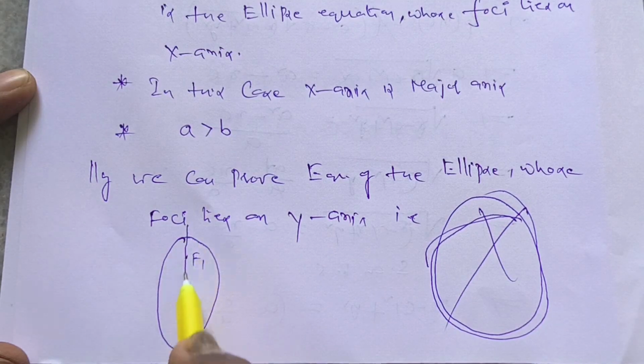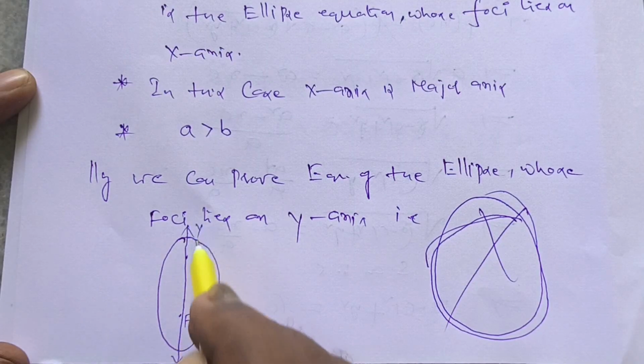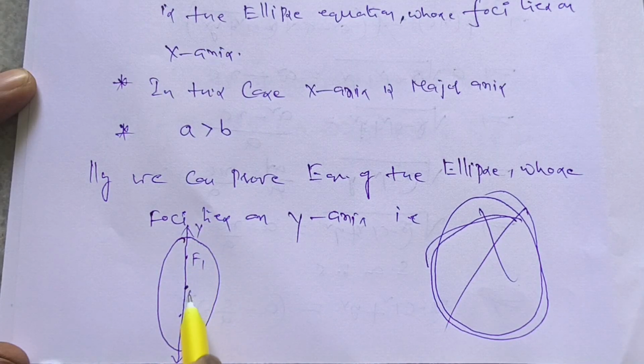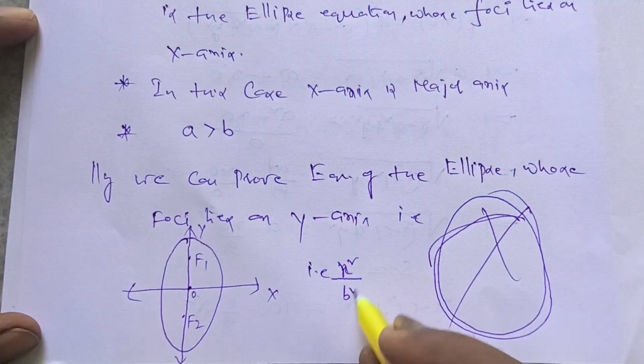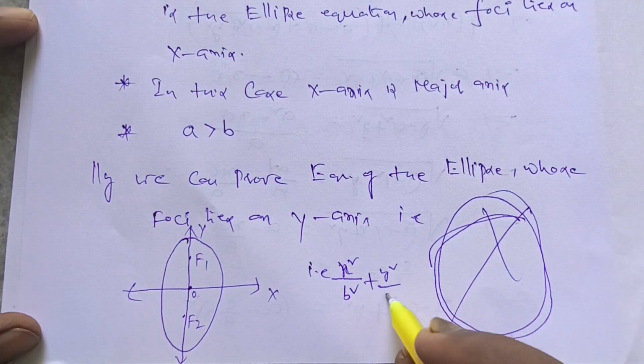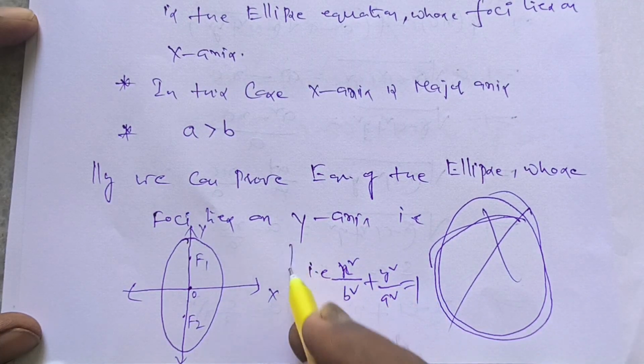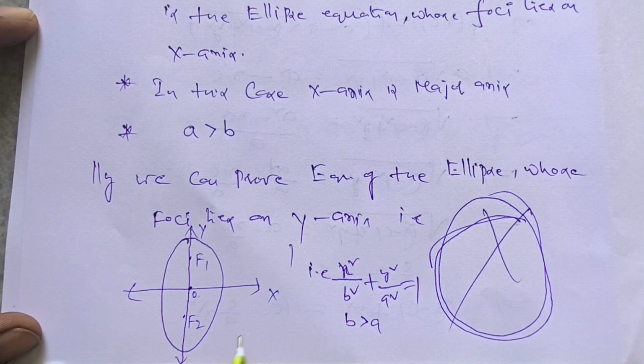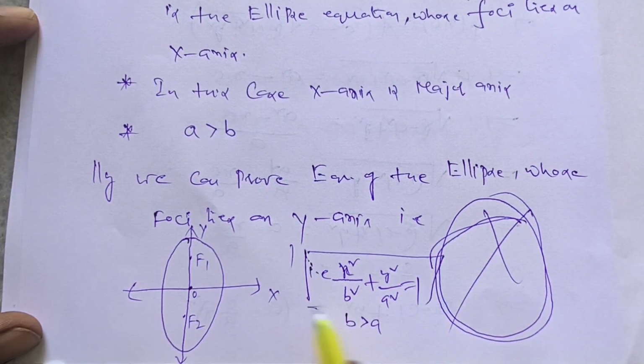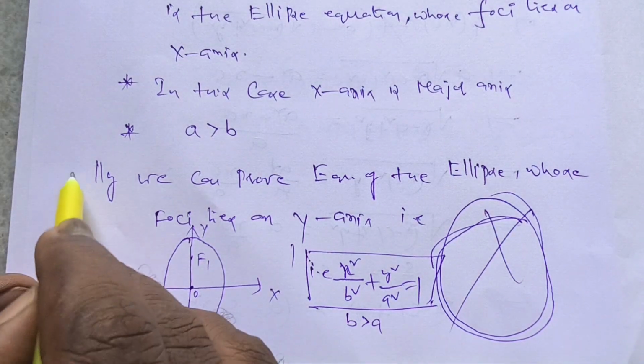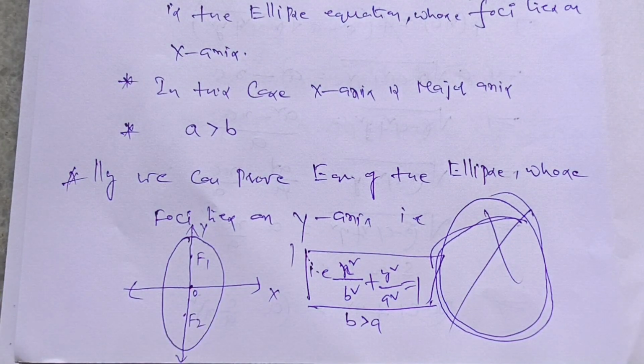So all of you try the equation of the ellipse whose foci lie on the y-axis. Remember, the ellipse figure whose foci lie on the y-axis is like this. In this case, the ellipse equation is x square by b square plus y square by a square is equal to 1 if b is greater than a.